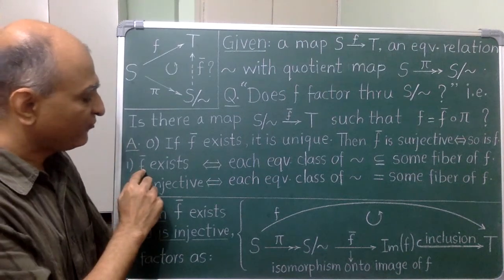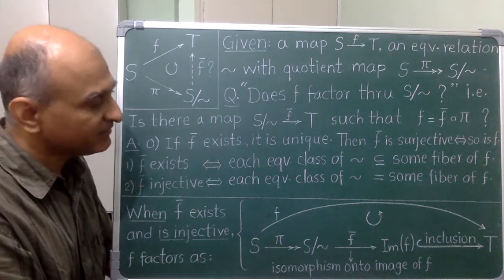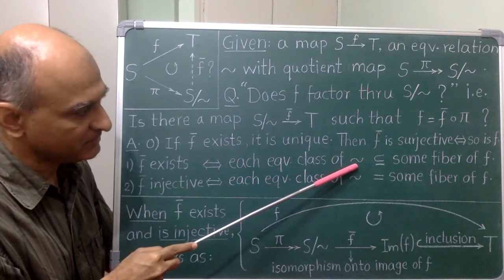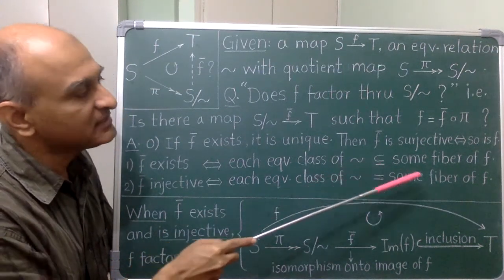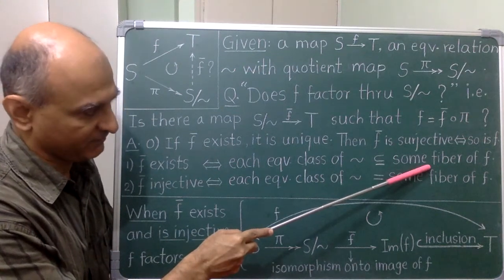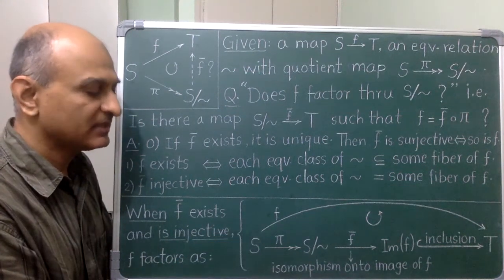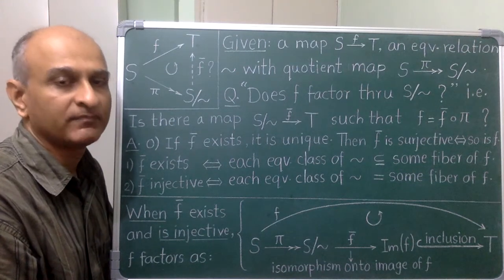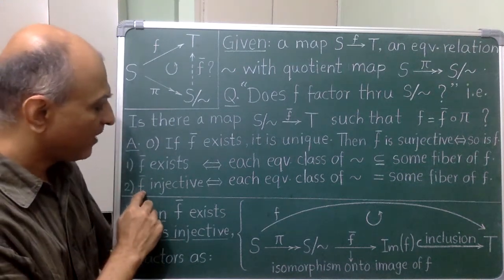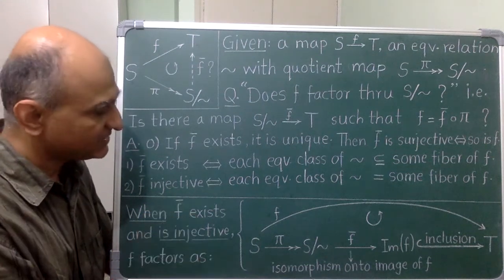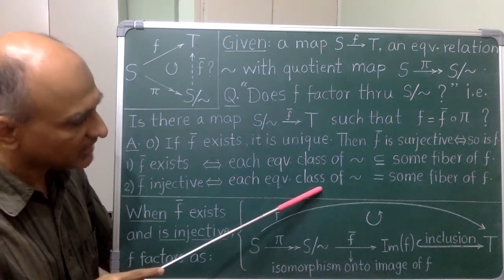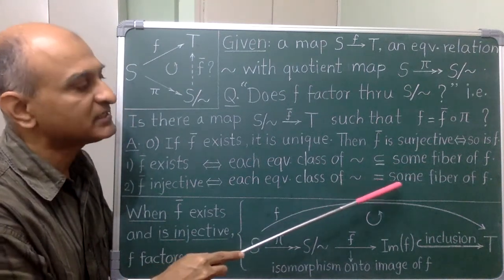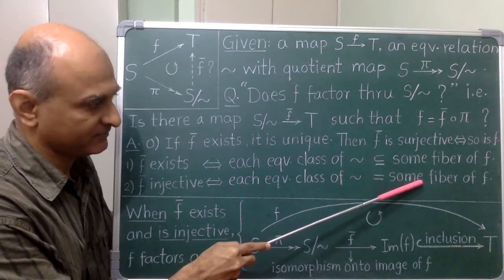Next, f bar exists precisely when each equivalence class of the given equivalence relation is contained in a single fiber of the function f. This is just like saying that every apartment is contained in a single floor of the building. Finally, f bar is injective precisely when each equivalence class of the given equivalence relation is equal to a single fiber of the function f.